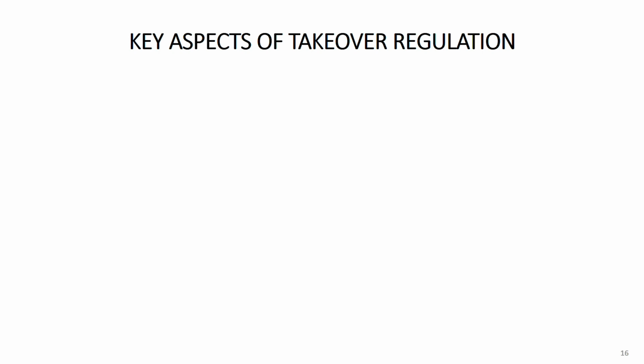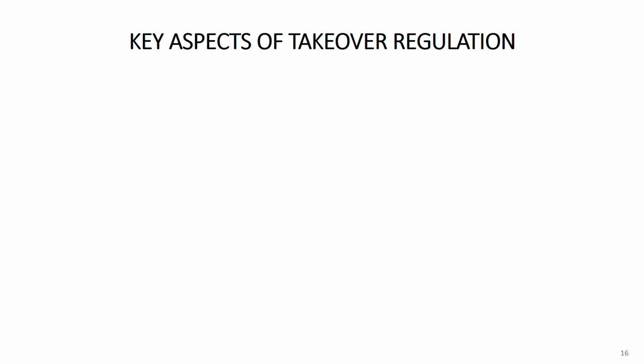The next things are some of the key aspects of takeover regulation. There's a regulation in takeover. Why? Because you cannot just take over any company you wish to. You should be given the permission, which is regulated, so that no company creates a monopoly.